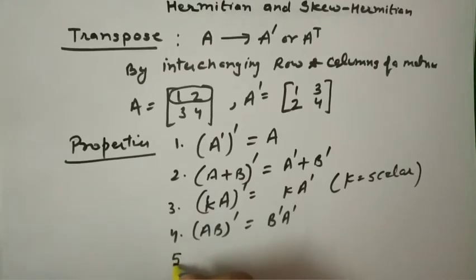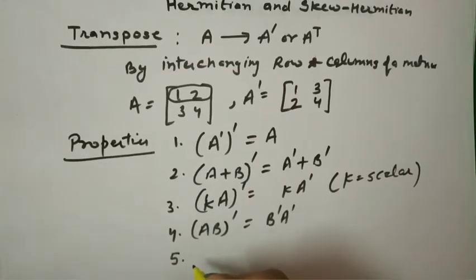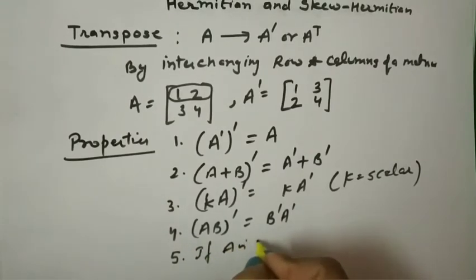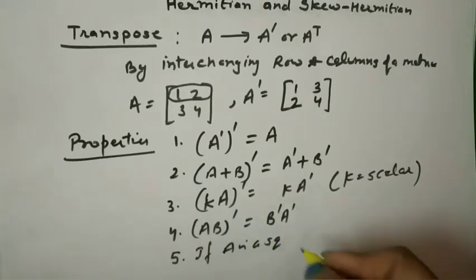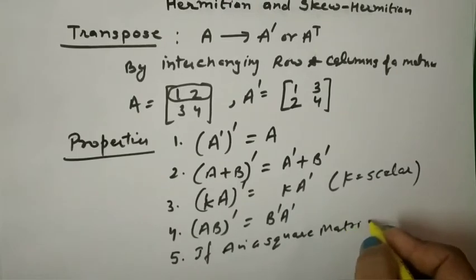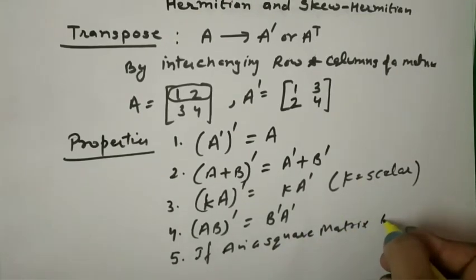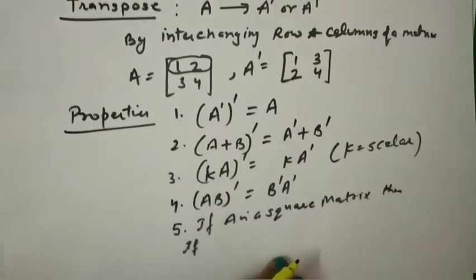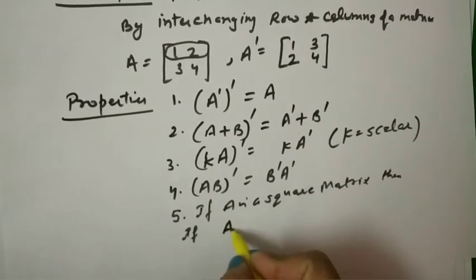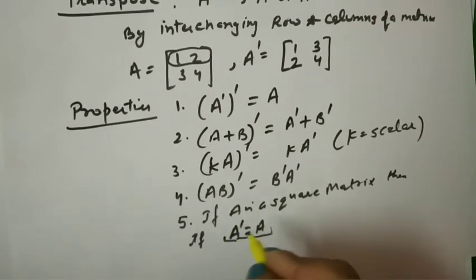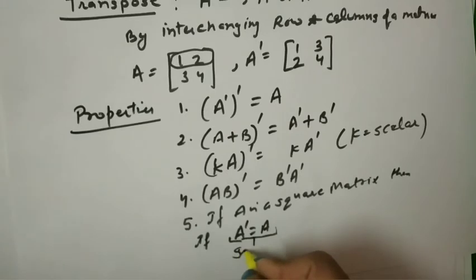The fifth property is, or you can say it is another definition, if A is a square matrix, then if A transpose is equal to A, then the matrix is called symmetric.